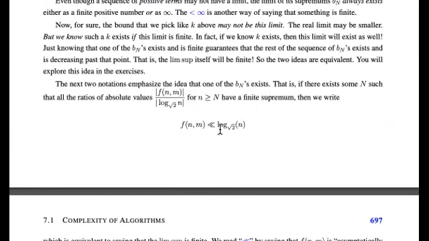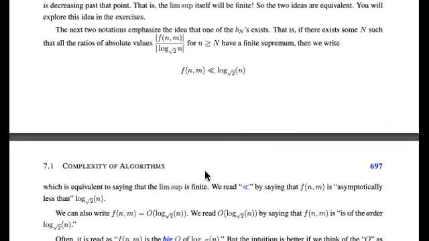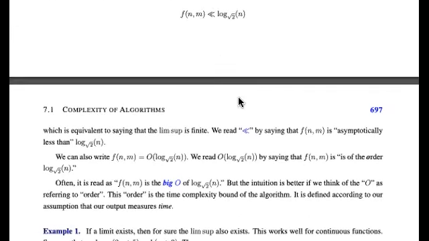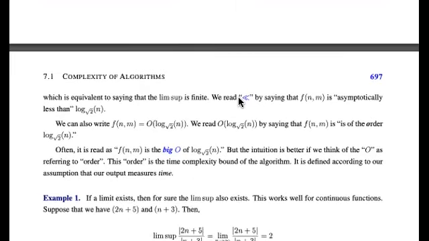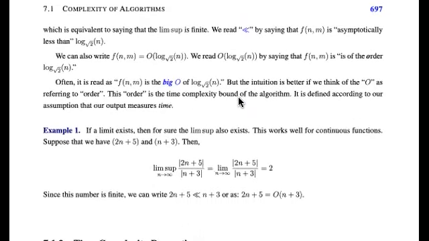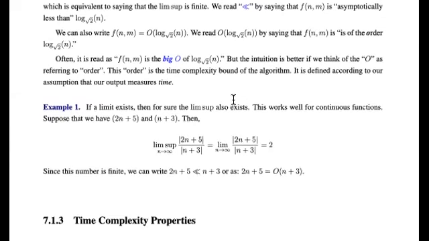Okay, so these notations have their own properties associated with the big O notation or the asymptotically less than notation, and that'll be covered in the next little subsection. But for now, let's see this example of lim sup.